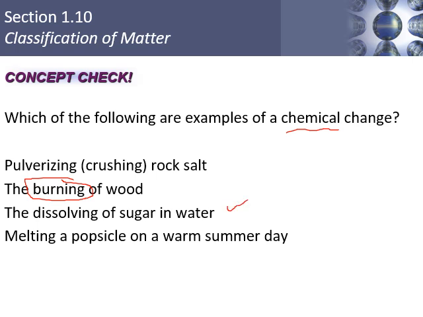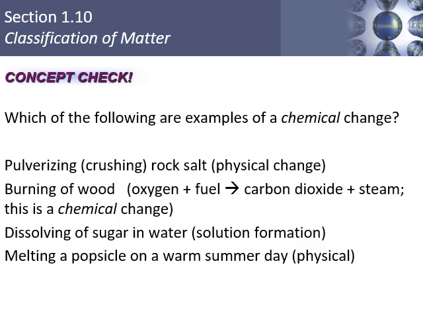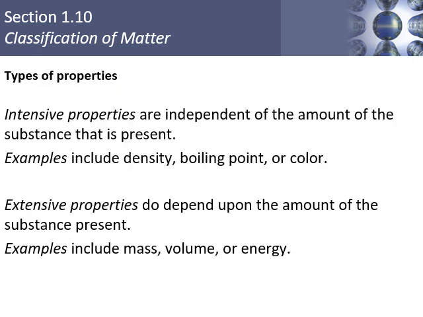Dissolving sugar doesn't change the sugar; it just puts water molecules between the sugar. Melting a popsicle just changes it from a solid to a liquid. Crushing rock salt doesn't change it from a solid to anything else; it just makes it smaller, but that's not a chemical change. Next slide. The answer here is going to be burning. Always look for burning first. If you don't see burning, then you can worry about whatever other possibilities you have.